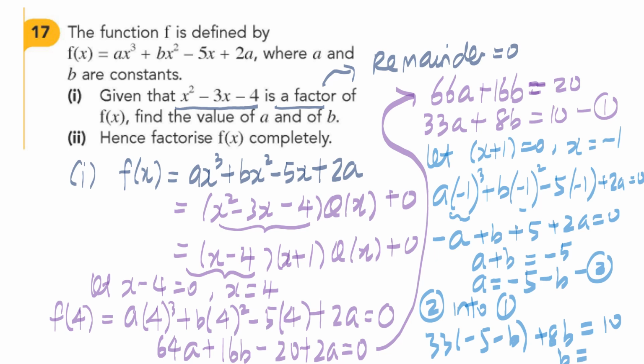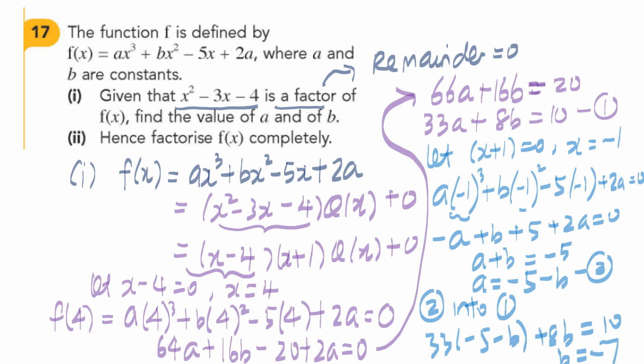You would get 10 plus 33 times 5 divided by, which gives you negative 7.